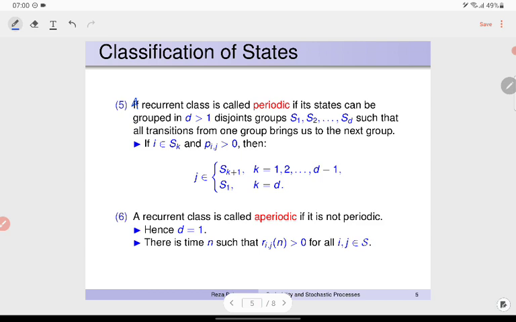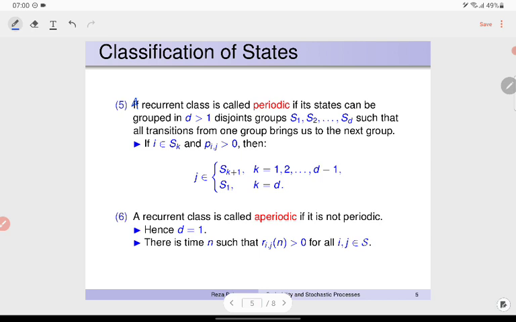Remember again that a recurrent class is a set of states, and they form basically an equivalence relation. Now this group of states is called periodic. The whole thing is called periodic if inside of it the states can be grouped into D, which is larger than 1.